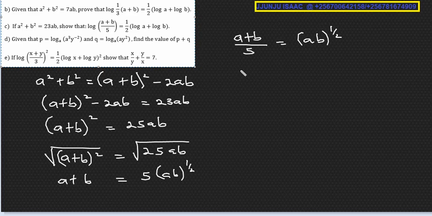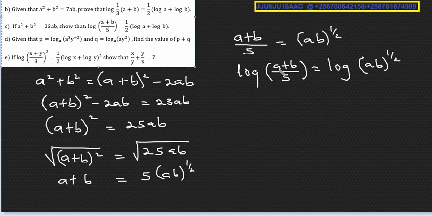Again, introduce log on both sides. We get log of (a + b)/5 equal to log of (ab)^(1/2). So the log of (a + b)/5 will be equal to, now this half will drop here.